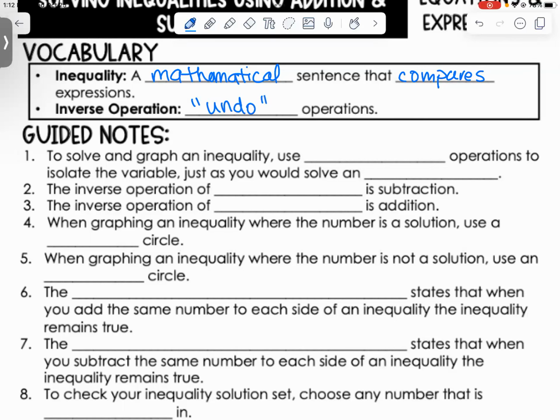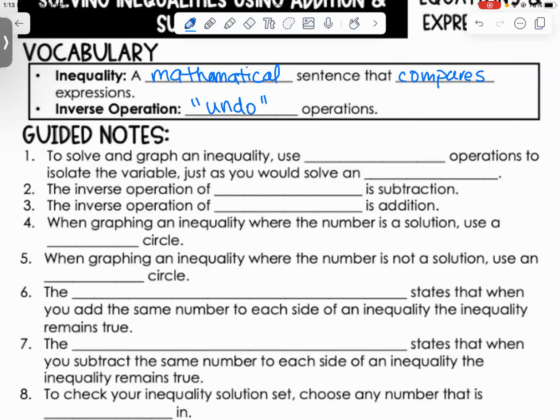Okay. Undo is like a simple word for inverse when we're talking about math. Inverse operations, we were talking about how if we had x plus 2, the inverse of addition is subtraction, we would subtract 2 from each side. Okay. So a lot of you figured this out without me having to tell you.